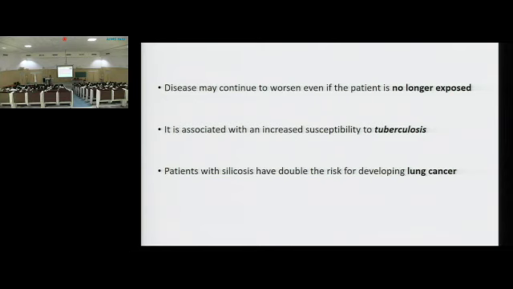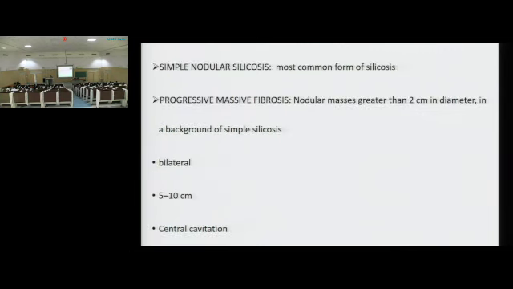Patients with silicosis also have a risk of lung malignancies, because with chronic inflammation and a repetitive process, there will be unregulated growth mechanisms that lead to malignancy over a long-duration course. Silicosis can be simple nodular silicosis, with simple nodule formation, which is the most common form.